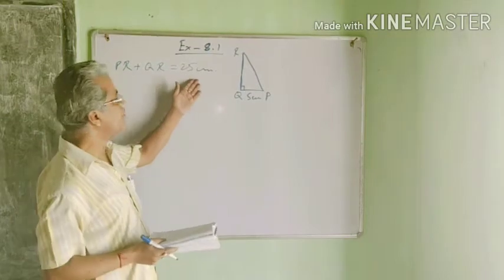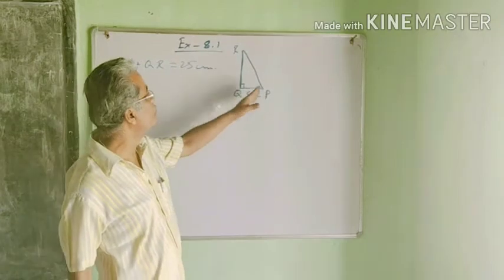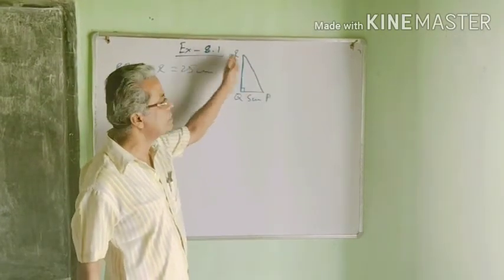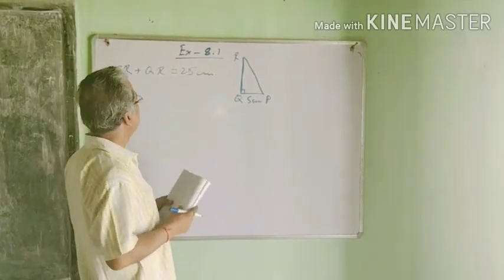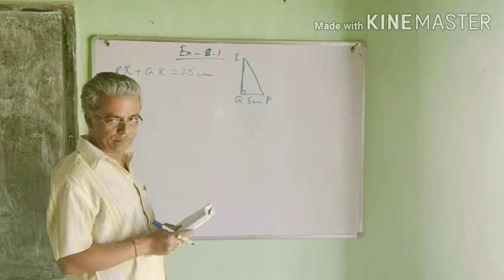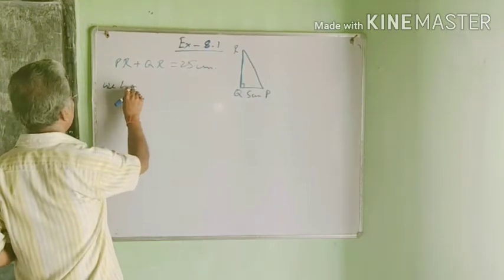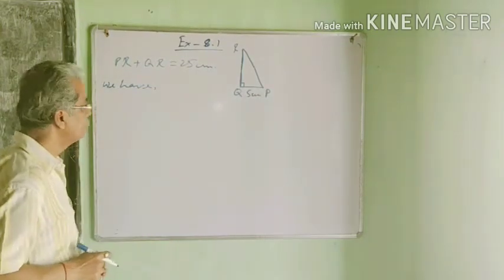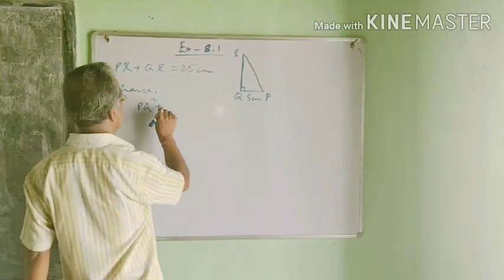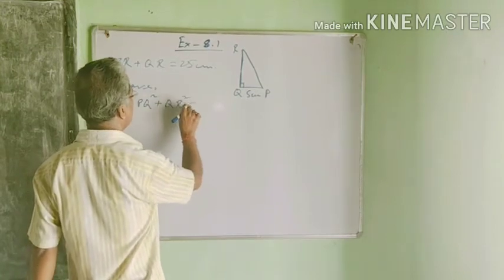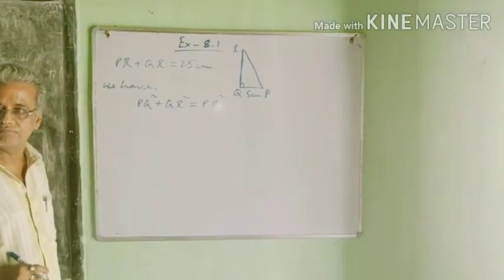So from this relation, actually you need to find what is PQ, what is QR and what is PR. How can we find it out? We have PQ square plus QR square is equal to PR square from Pythagoras theorem.